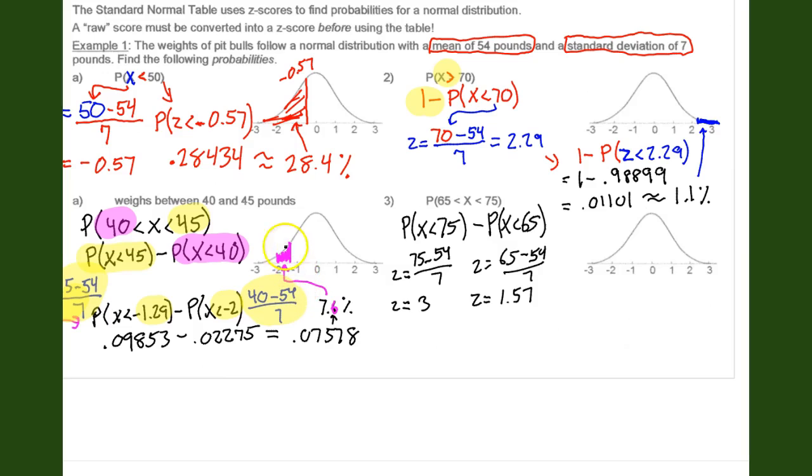So a z-score of 3 gives us basically 100%, 0.99865, and subtract from that the z-score of 1.57, which is still pretty high, 0.94179.